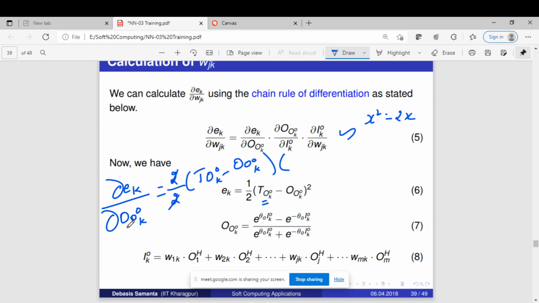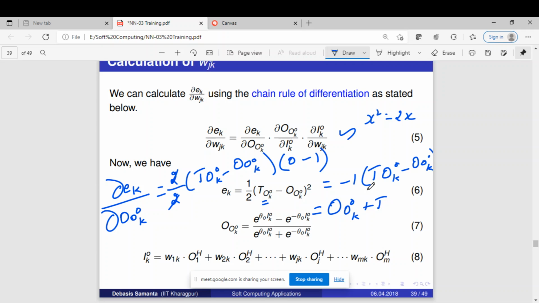So the result will be minus 1 into (t_k minus o_k), or if you take this inside, simply you can say minus (t_k minus o_k). So this is how this first part is simplified.